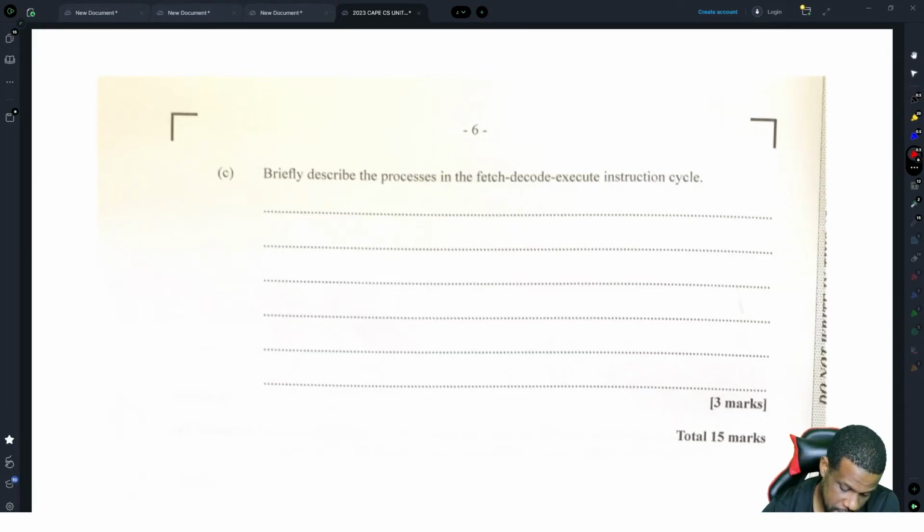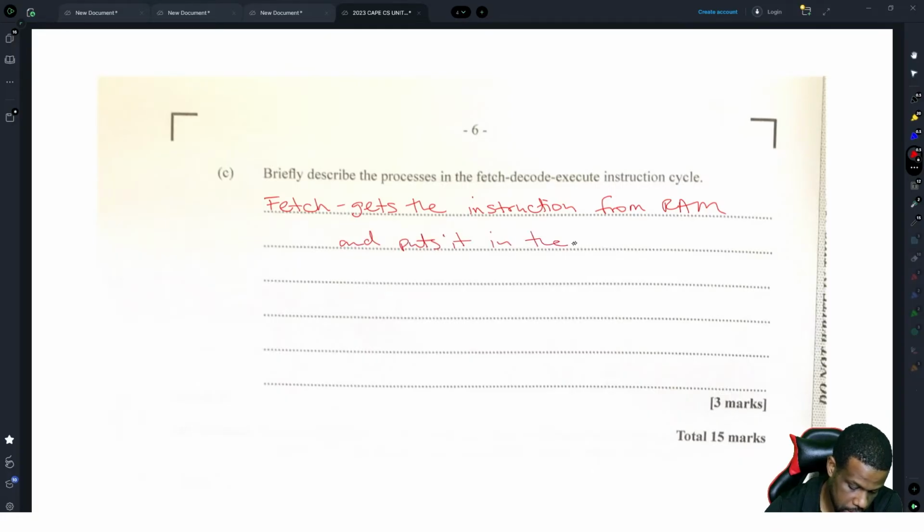Briefly describe the process of the fetch, decode, execute cycle. Okay, fetch gets the instruction from memory and puts it in the CPU.